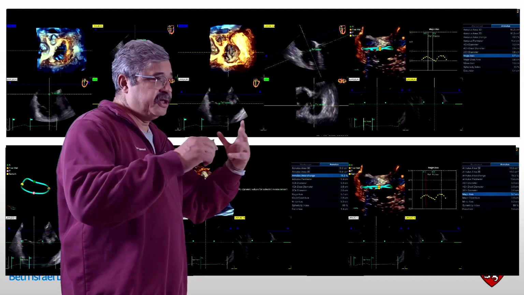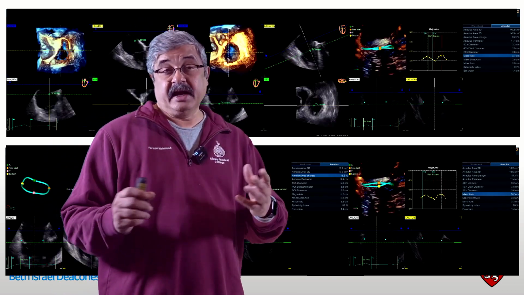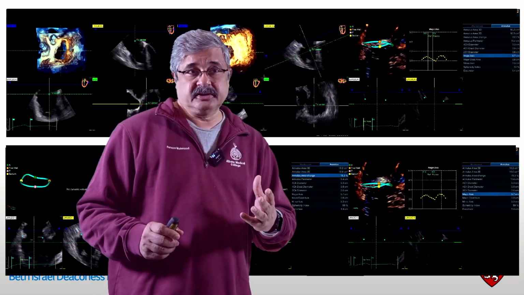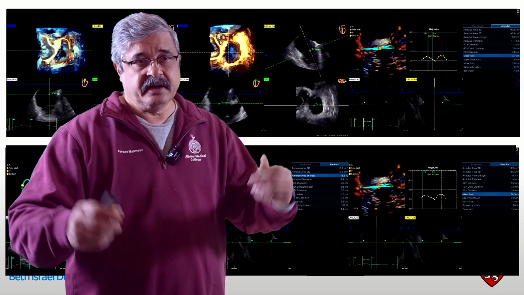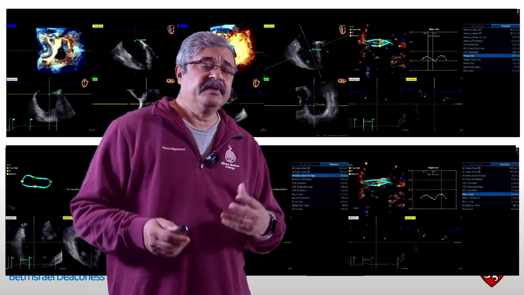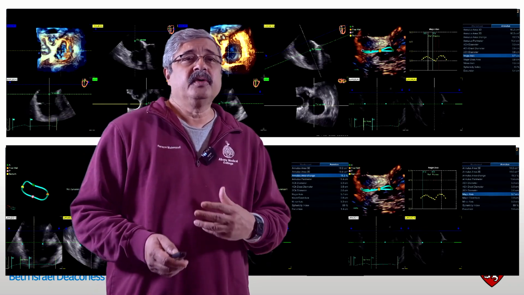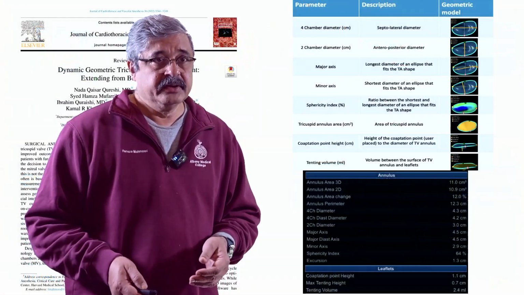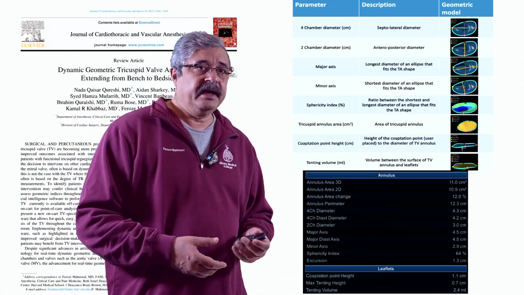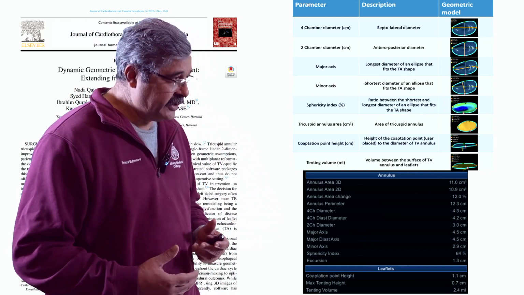The dynamism and the change in area and diameters can be automatically calculated, not just in a static end-systolic and end-diastolic situation, but as part of the entire cardiac cycle. So this concept of dynamism, changes in annular area, is becoming more prevalent, more understood, and more adopted.